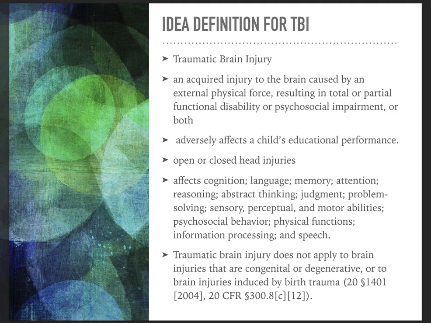Now, traumatic brain injury is another low incidence, which means it doesn't happen very often, related disability. And a special thing about TBI is that TBIs are acquired. And remember that acquired disabilities are different than congenital disabilities. Congenital means at birth, and acquired means that it happens at some point during life.